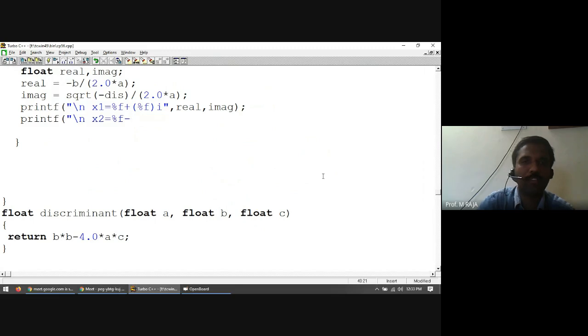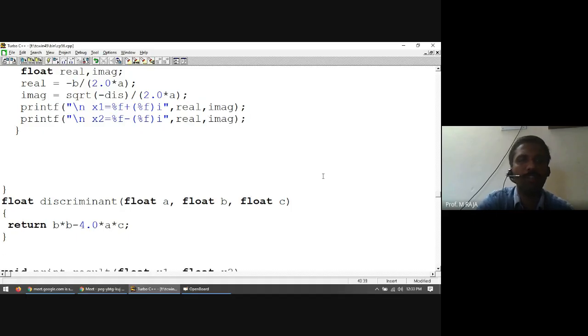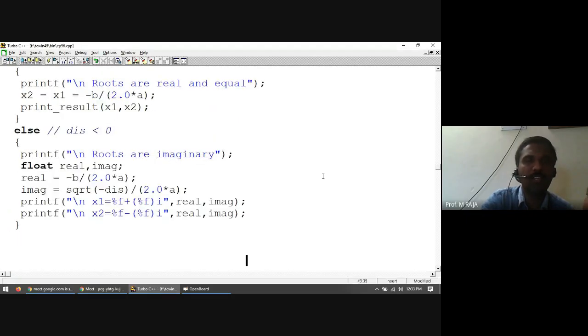So I am printing x2 here. Percentage f minus, then within brackets percentage f, I put I to signify separately the real part and imaginary part. So write the variables real comma image. So this is the case only when the roots are imaginary.